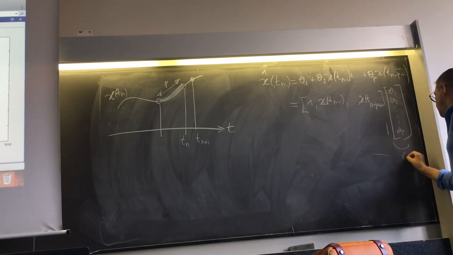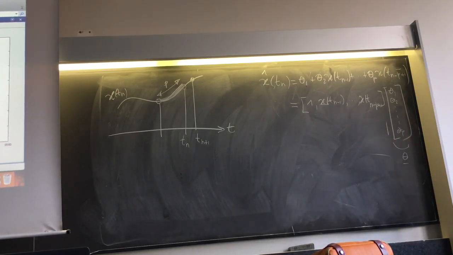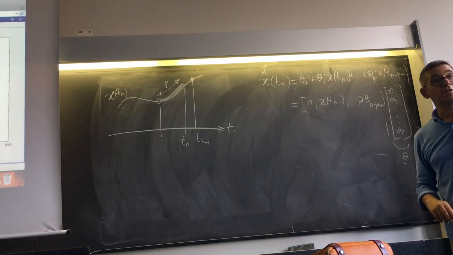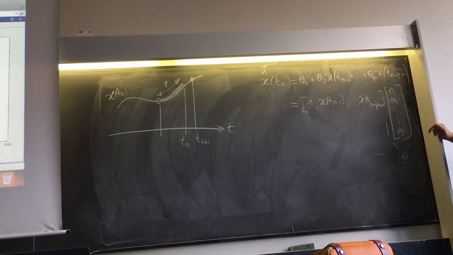This vector is theta, my unknown. What I now need to get is the theta that I need to use to combine my past samples to predict the future, because I'm predicting the value of Apple stocks tomorrow, after closing today.